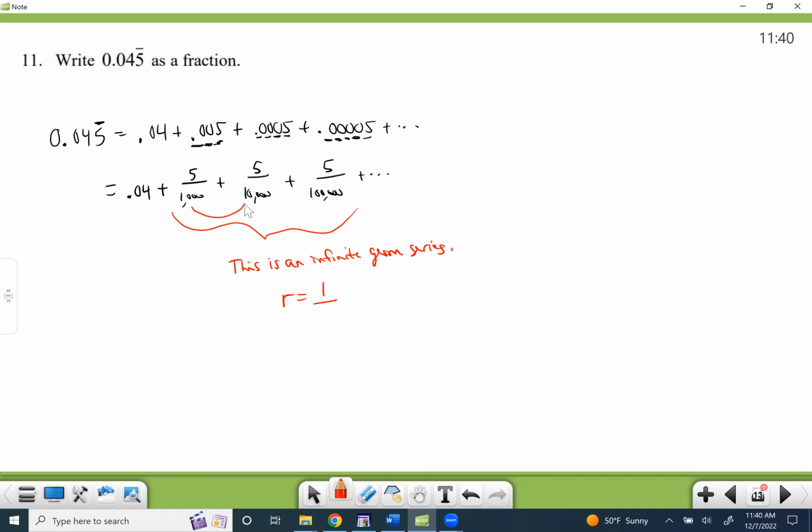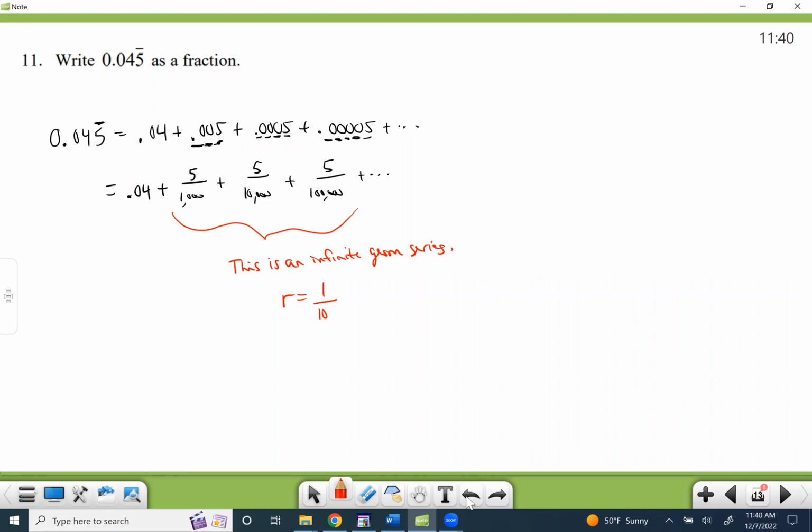What did I multiply by to get from 1,000 to 10,000? Just added a 0, so it must be a 10. You can check it again: multiply by 1, multiply by 10. If I multiply by a 1, I'll get 5. If I multiply by a 10, it'll just add another 0. So this is working to get me a geometric series, at least for the part that I've highlighted.